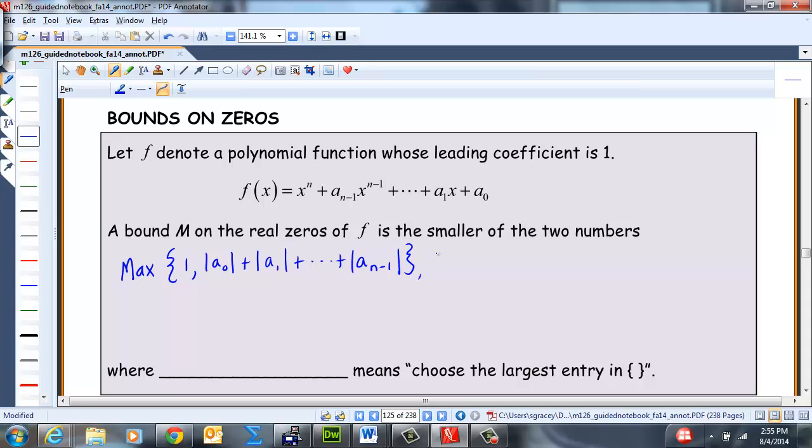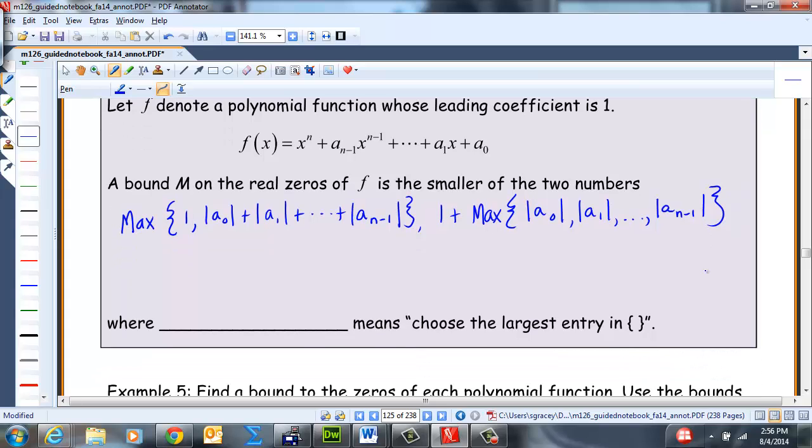The second one is, or 1 plus the max of the list of all of these terms. So instead of adding them together, they're a list, in absolute value form. Okay? And just a little note on the notation, the max of something means choose the largest entry in here.